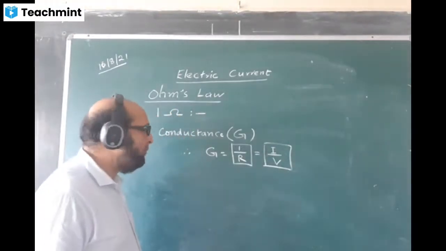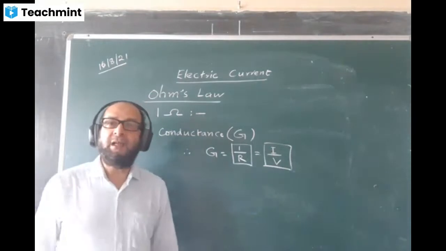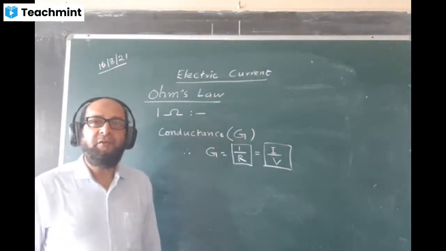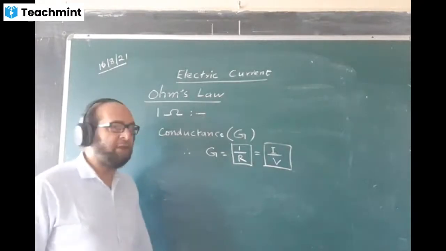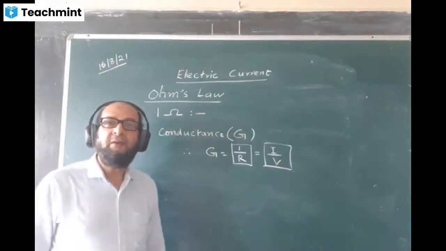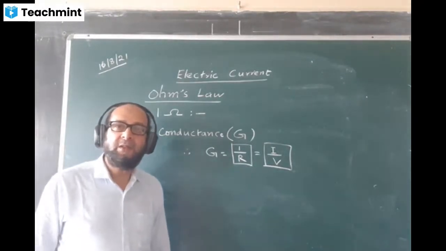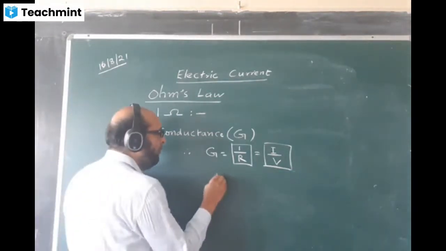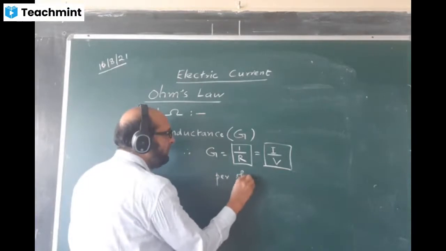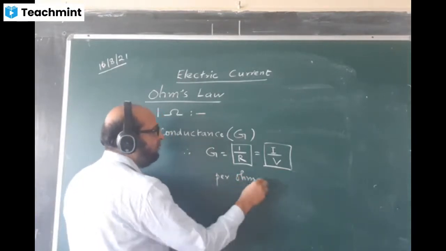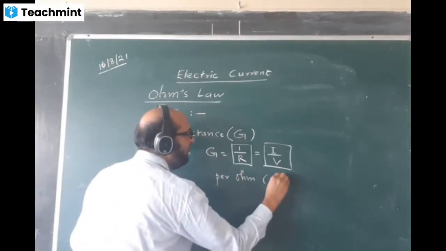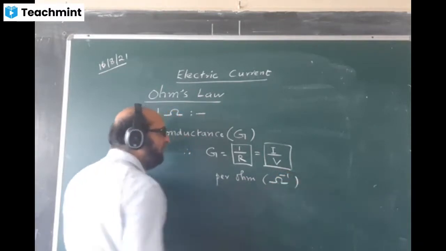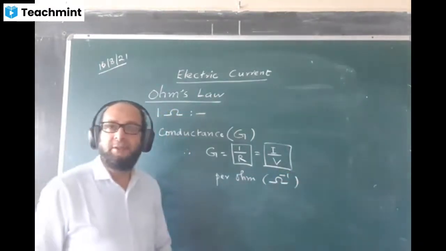Now write down the SI unit of conductance. The SI unit of conductance is per ohm, or you can write it as ohm to the power of -1, which we call ohm inverse.